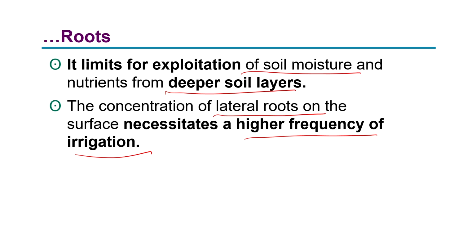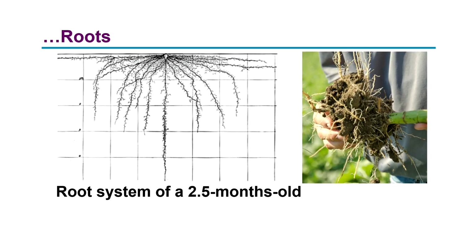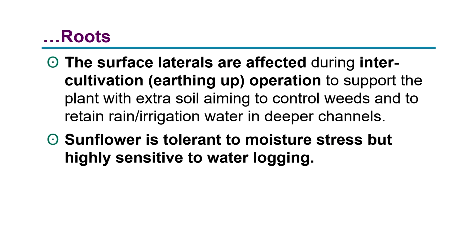Now, dear students, you can check the pattern of root growth here in sunflower. You can see the left side picture, black and white. Here one taproot is going and the branching is confined to the surface area. Similar pattern you can see on the right side also. You got one main taproot which is very short, and some laterals. The surface laterals are affected during intercultivation.